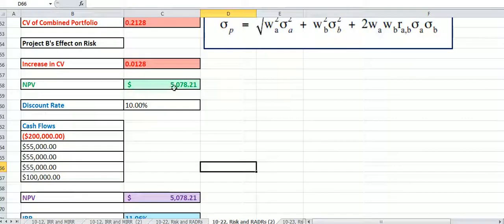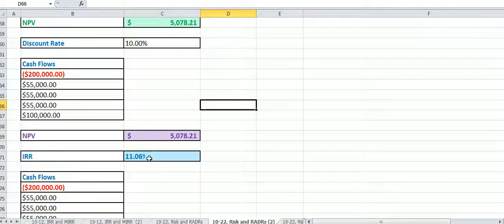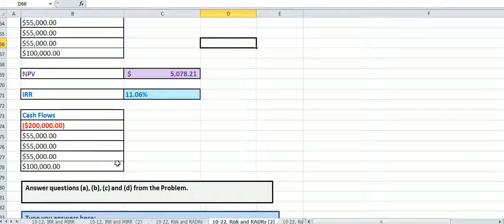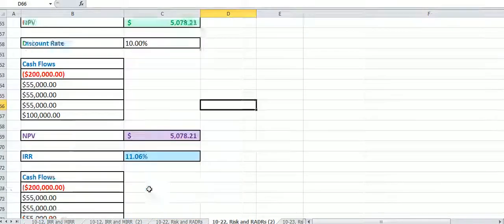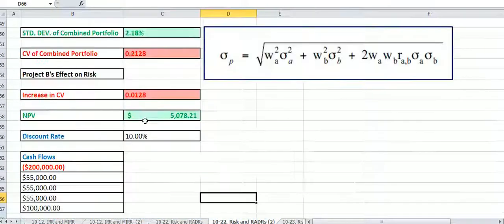Now we have a positive net present value, and that is because of the internal rate of return on this project, which doesn't change by changing the discount rate. What changes is the net present value when you change the discount rate. So when we have a cost of capital below the internal rate of return, we are going to have a positive net present value.